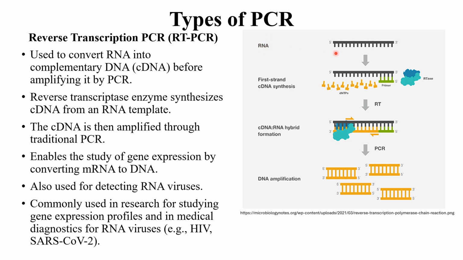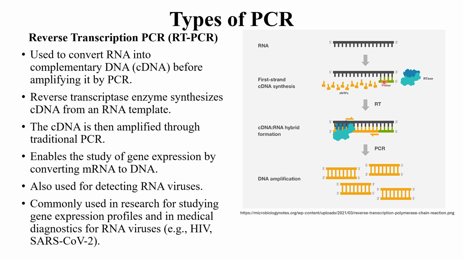We first convert the RNA to a cDNA, or complementary DNA. It's called complementary because it's complementary to the RNA. This is done by an enzyme referred to as reverse transcriptase, which is able to synthesize the cDNA from the RNA template. What the reverse transcriptase does is use the RNA template to make a DNA strand.